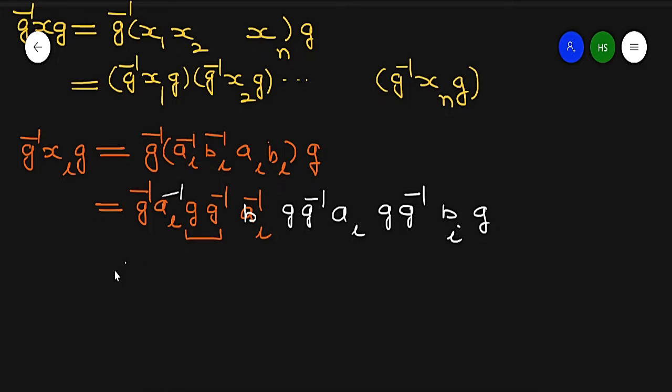Now write it as first, second, third and fourth. What is its value?